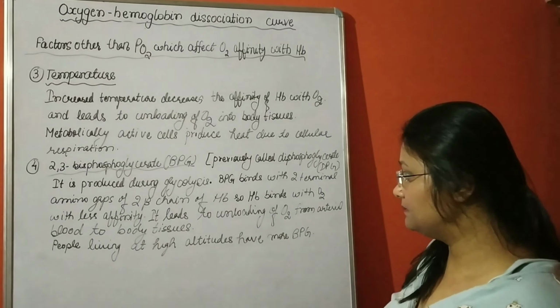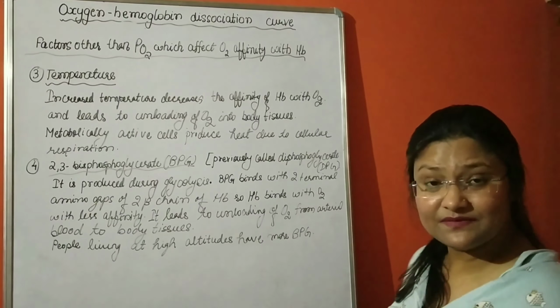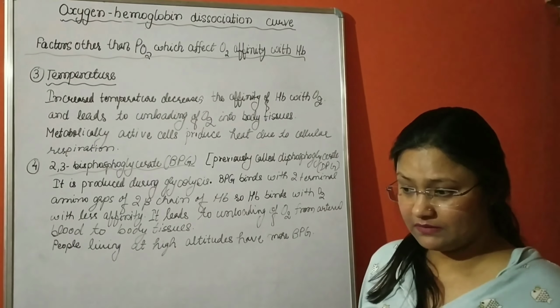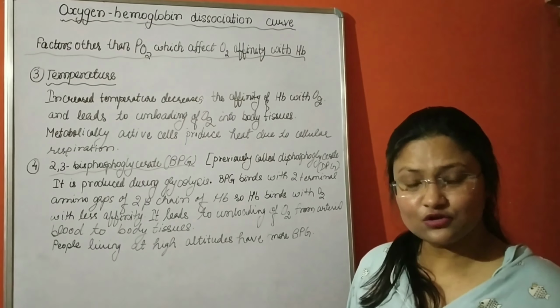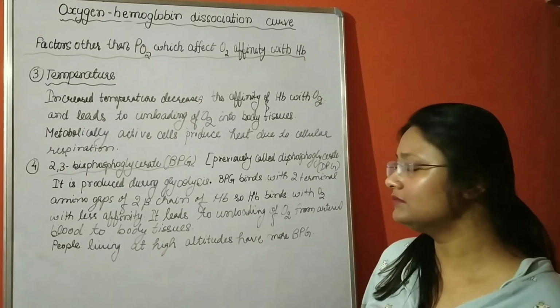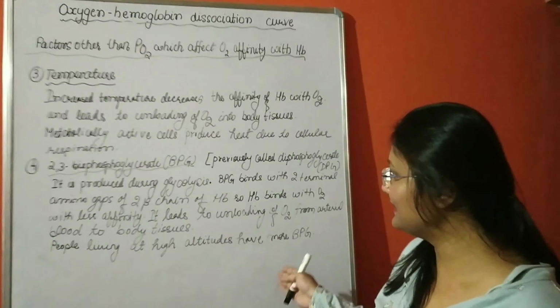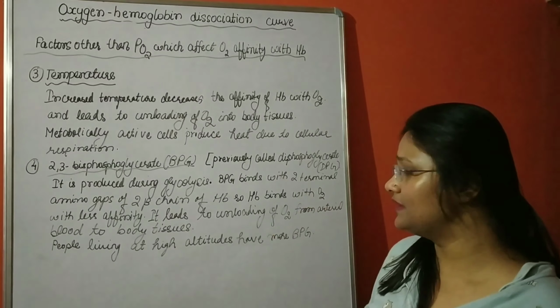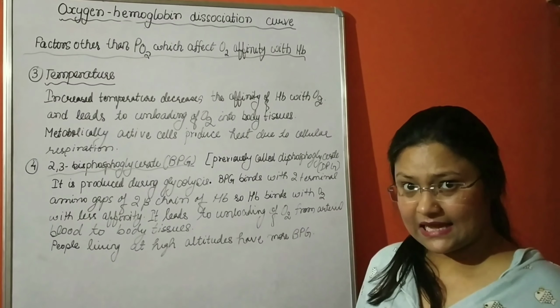Once BPG binds to the hemoglobin, then obviously it won't let oxygen bind, because the site will be occupied, not the heme site, but it will create a situation where the affinity of O2 with Hb will be decreased.